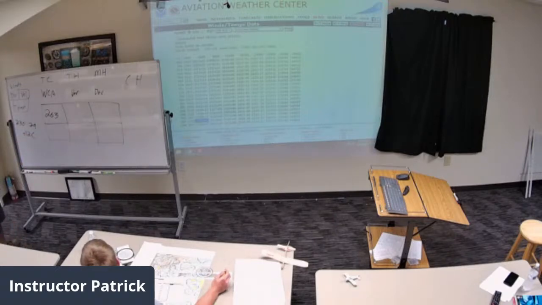So, and what's our standard temperature? 15. So later on when we do a performance, that's going to be pretty close, right? That's pretty close to standard. Okay, so 230, that's our heading, degrees, and that's in knots. Okay, that's good. And what is this 230 right here?